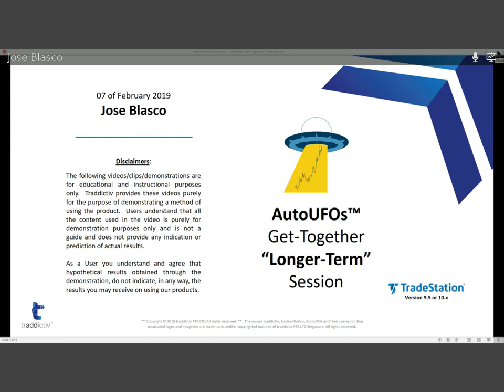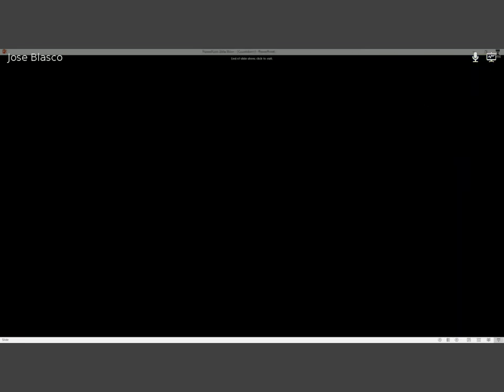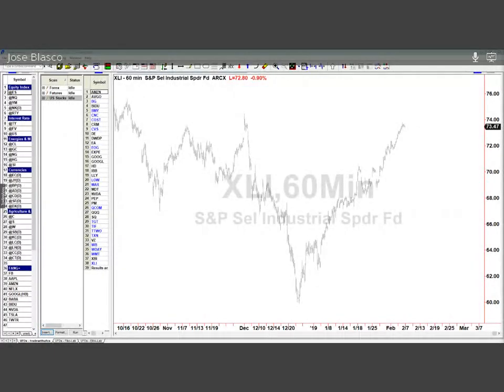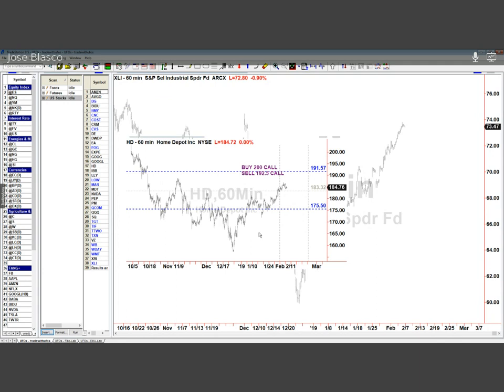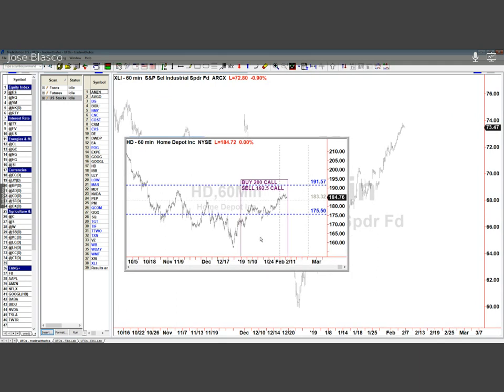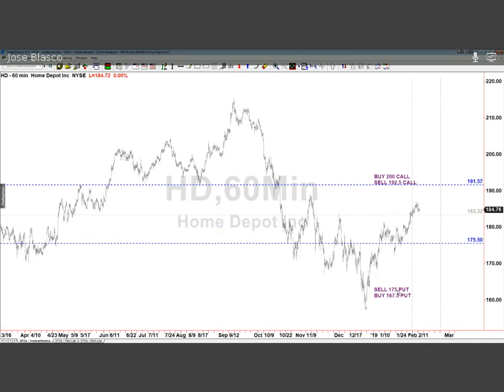Here we go. So we got the disclaimer, we got a little bit of the presentation for today. It would be time to jump on the chart here and start looking at market opportunities. I would like to briefly take a look at the one we put in place last week. We have a trade running with Home Depot, and I would like to start the session by looking at it because I am sure that some of you are in the trade, and there may be certain things to address or discuss, or you may have any question.